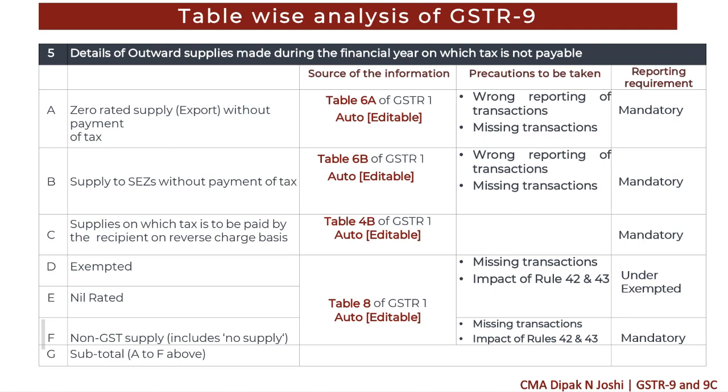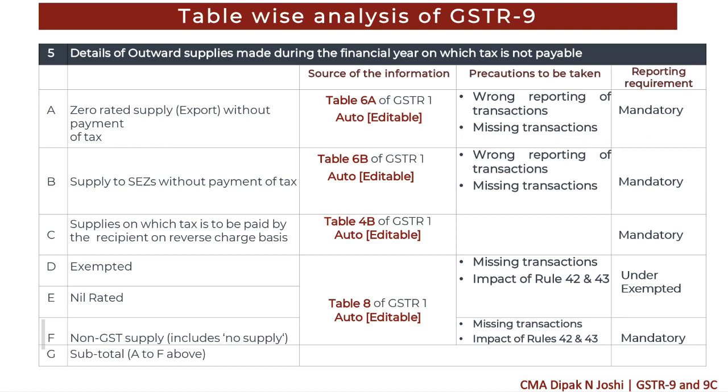So at least at the time of filing the annual return for the financial year 22-23, find out the information of exempted supply, nil rated supply and non-GST supply. You will get this information from table 8 of GSTR 1, which is auto-populated, and from that information, you can fill this table.